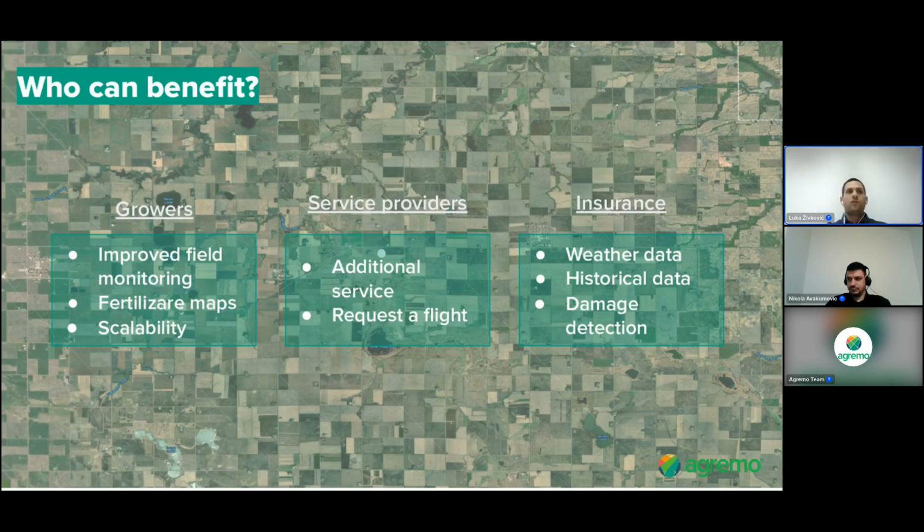They can map it with the drone and use our damage detection analysis to get the precise information about the damaged area. So for now, this is what we launched, and this is the functionalities that are available.